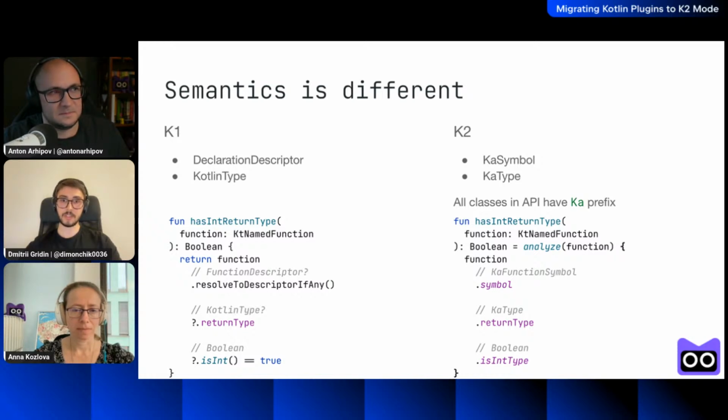But the difference is that in K2, we have an analyze block, which is the entry point to the Analysis API. Inside, we have the symbol property, which is basically a jump from the PSI world to the Analysis API world. Then we can call returnType the same way, which will return a type representation, and some extension function checks if it's type Int or not.